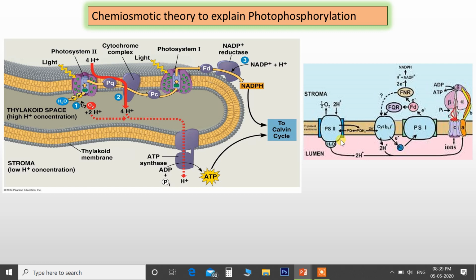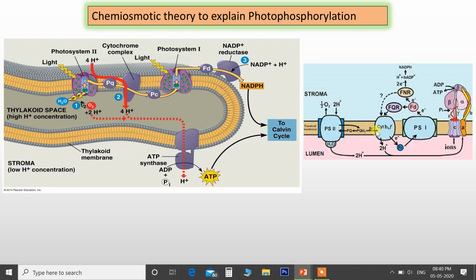So in order to pass electrons through this series from PS2 to PS1, plastoquinone will take H plus from the stroma and is converted to PQH2, by taking 2H plus from stroma and 2 electrons. Then it has to reduce the nearby cytochromes, but cytochromes are electron carriers, not hydrogen carriers.